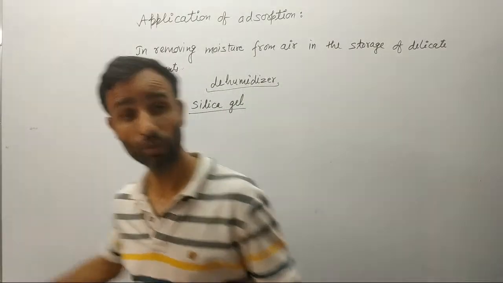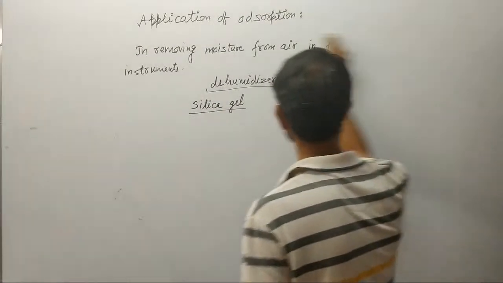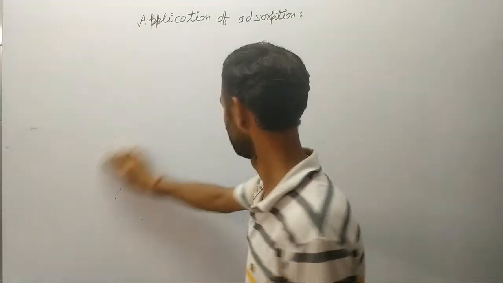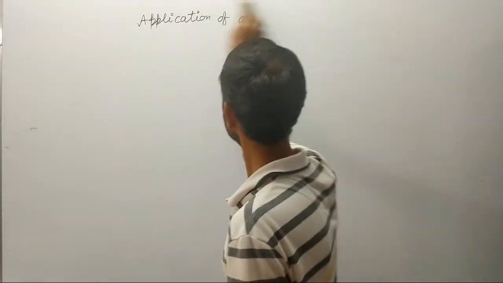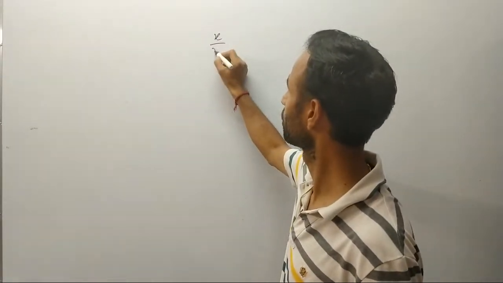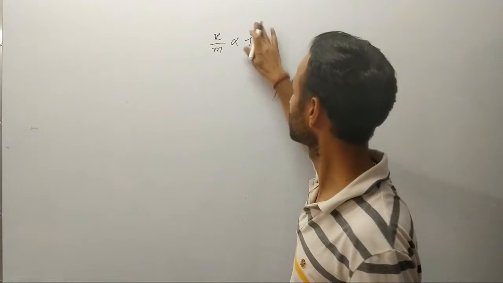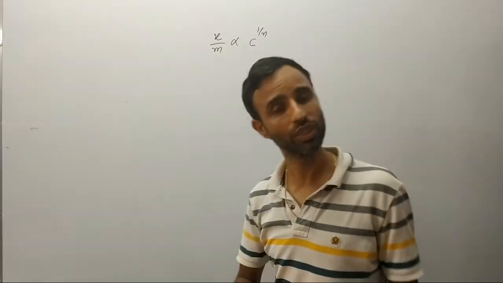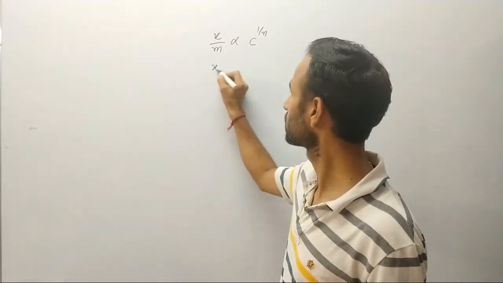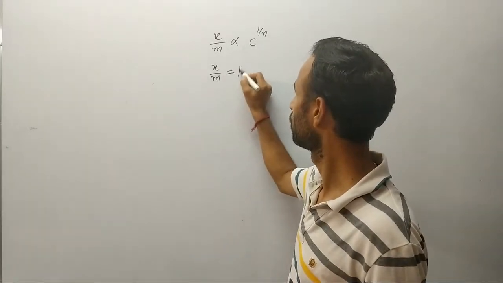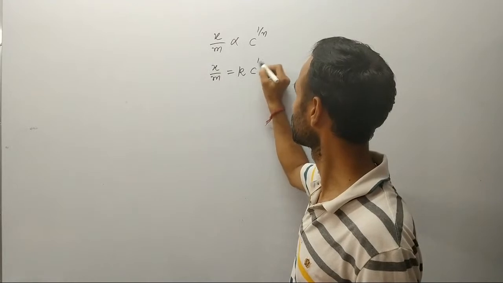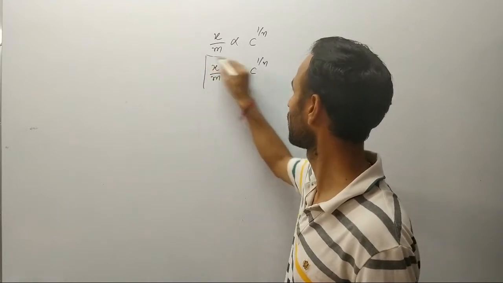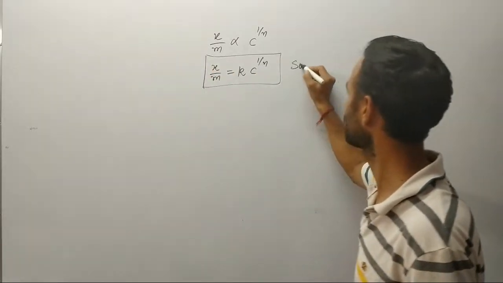The Freundlich adsorption isotherm can be used in solution as well. For solution, to use the same formula, instead of pressure we use concentration, so x upon m equals k into c raised to power 1 upon n.